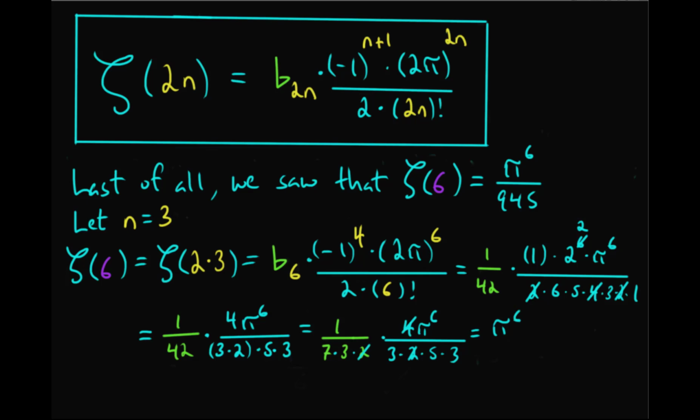And I'm left with pi to the 6th over, looking at all these factors here, 7 times 5 times 3 cubed. And that's going to equal pi to the 6th over 945. So I hope you all will be convinced that this formula works and that we have a way of calculating the zeta function on the positive even integers using the even Bernoulli numbers.